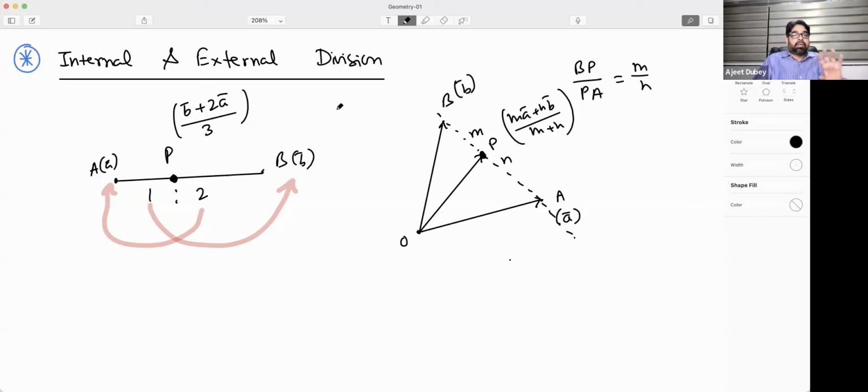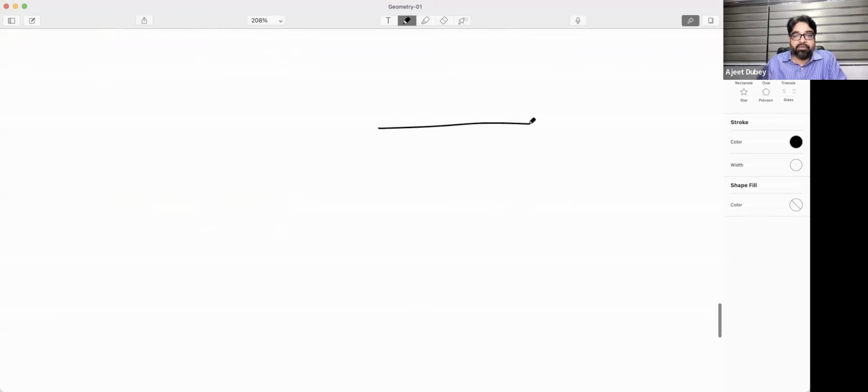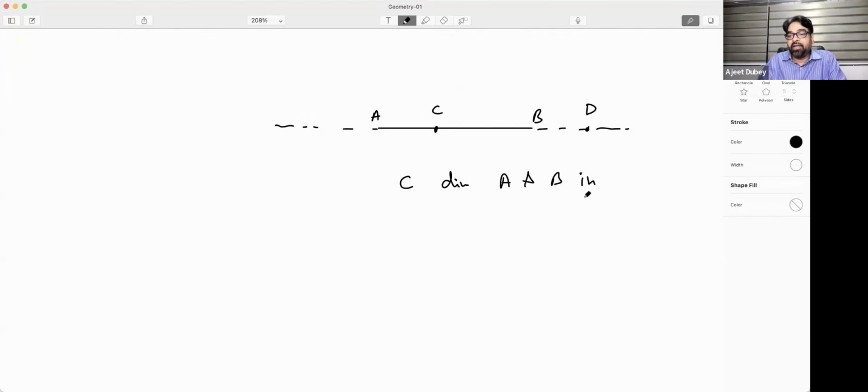Yes, external and internal division. Maybe some of you don't know the meaning of external and internal division. Let me explain first. Suppose AB, and some point I'm writing C, and let's say here D. So we say C divides A and B internally.